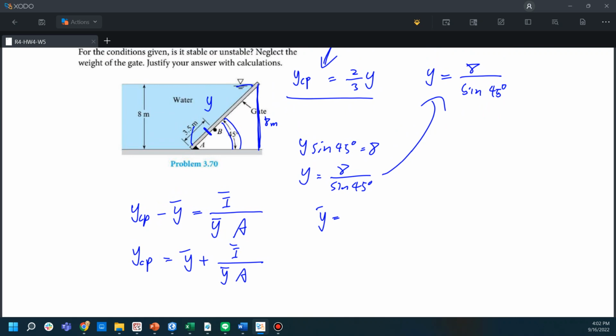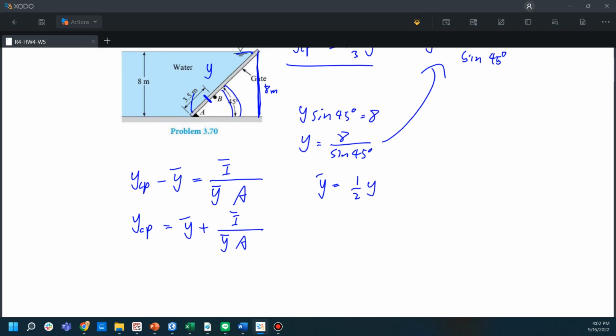Y bar is the center of this beam, so it's equal to 1/2 Y. We plug that into this equation, so it's 1/2 Y plus I bar, where we will use the inertia for the rectangle sheet.